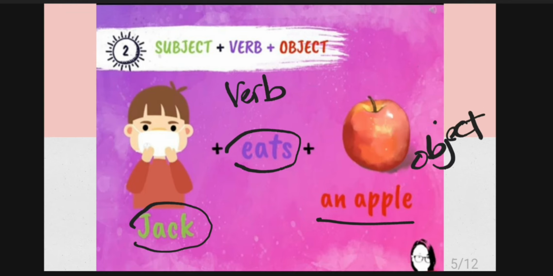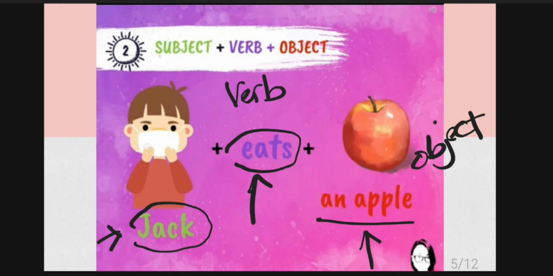When it comes to subject, verb, object, imagine the sentence to be like the subject is the opening. This is the middle part, and object here is like the ending. So it completes each other.